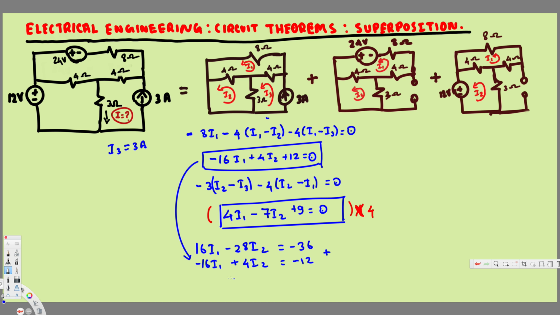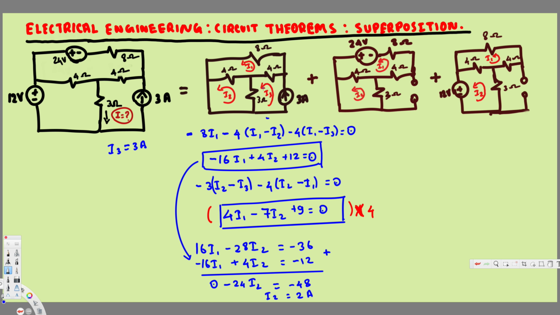If we add them together, we have 0 for I1, and this is going to become minus 24 I2, and that's equal to negative 36 plus negative 12, negative 48. From this we can see that I2 is going to be just 2 ampere.